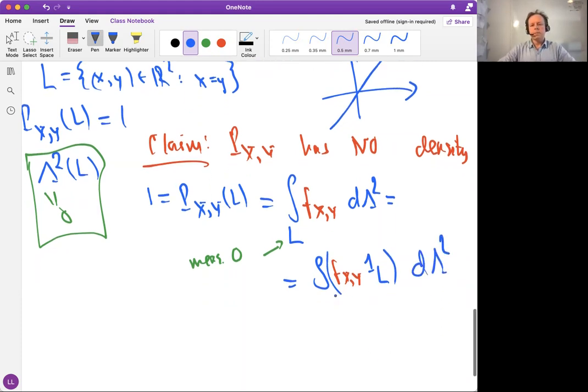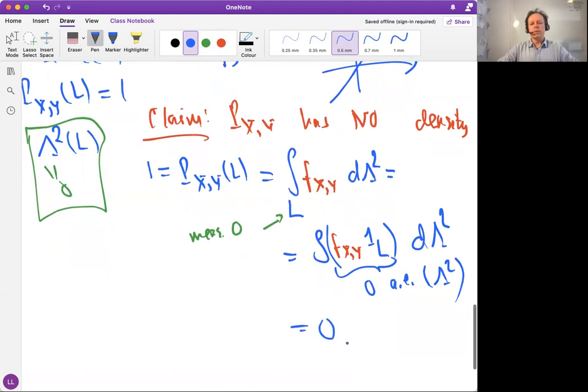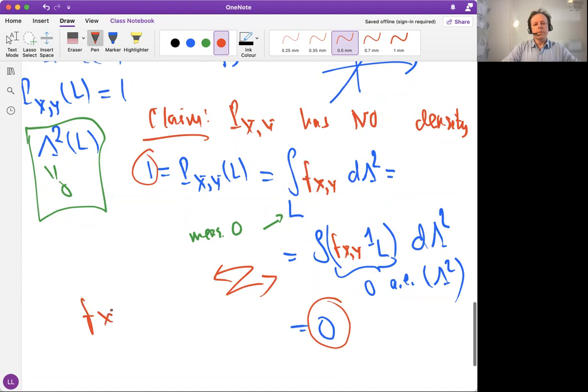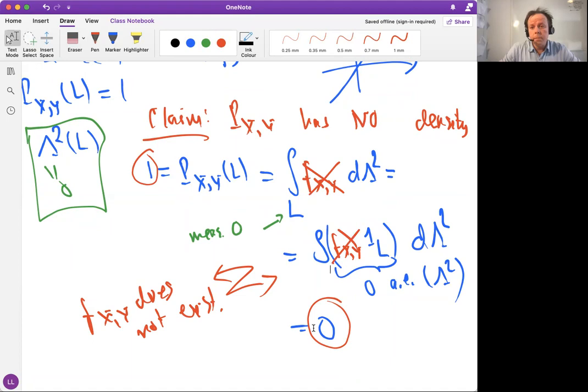This function is now 0 almost everywhere with respect to the two-dimensional Lebesgue measure, and that's why this would be 0. So we have here 1 is equal to 0, a contradiction. fxy does not exist. Otherwise, we would prove that 1 is equal to 0.